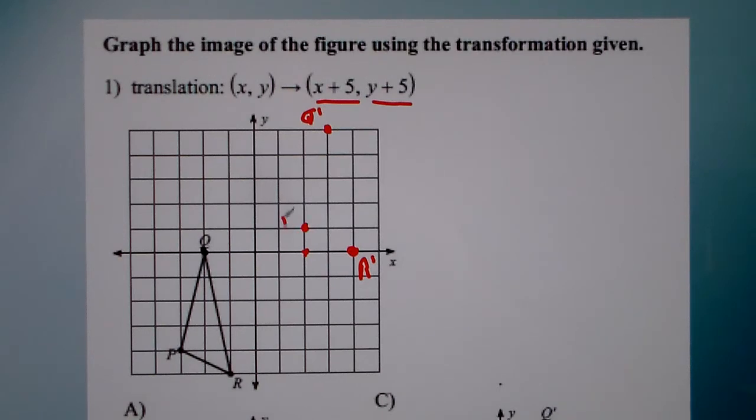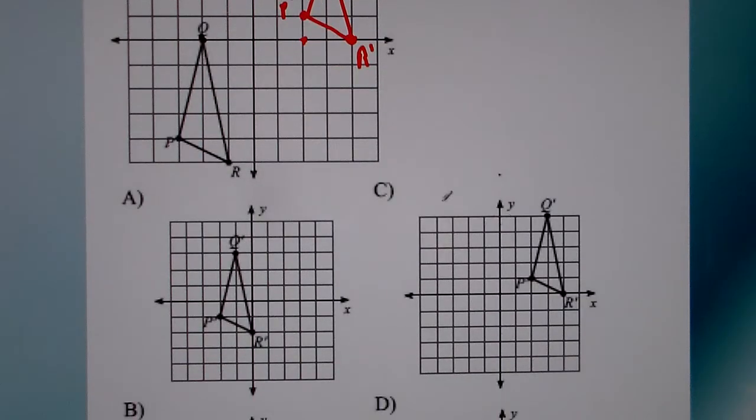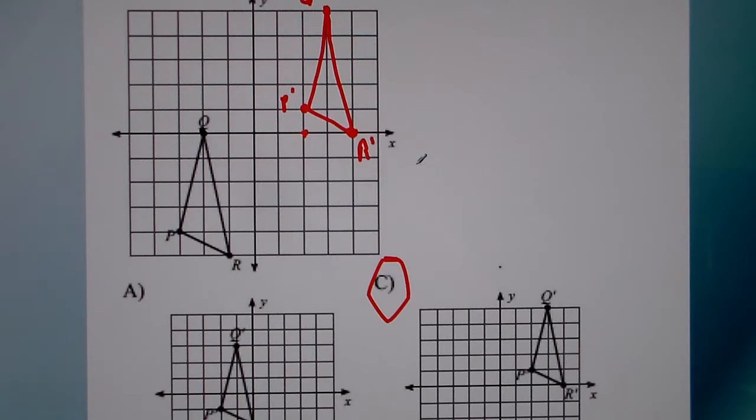Right there, P prime. So that red triangle is Q prime, R prime, P prime, aka the answer that we're looking for. So we match up the picture and we see that it's C as far as A, B, C, D with the multiple choice.